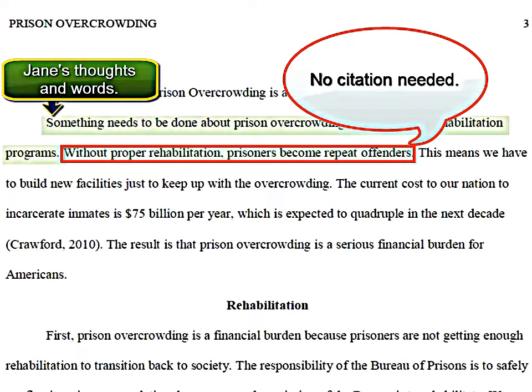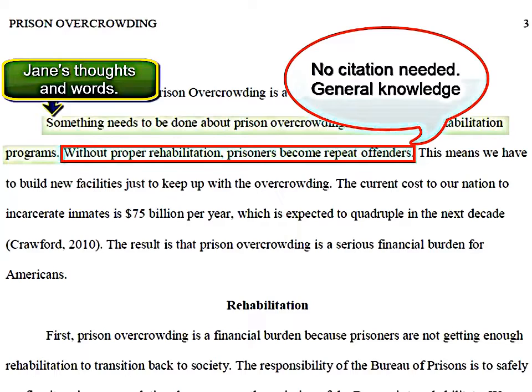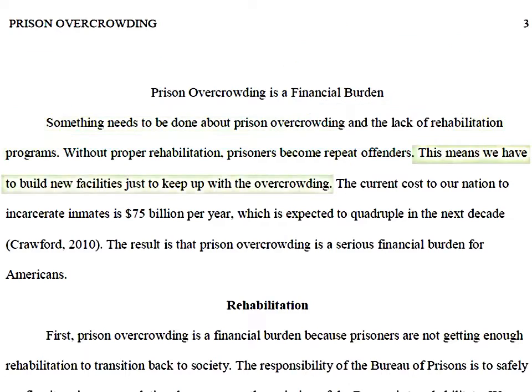Anyone who has studied this issue, and Jane has, knows the terrible problem of repeat offenders because of the lack of rehabilitation in these human warehouses we've created. Jane's statement is probably an example of general knowledge, which is something Jane, and most adults in America, probably knew before even beginning the paper. The high rate of repeat offenders is a generally accepted and unfortunate fact we know.